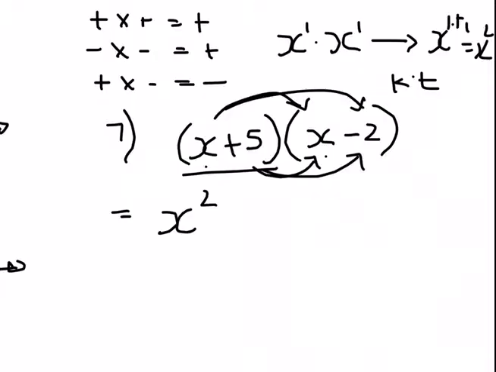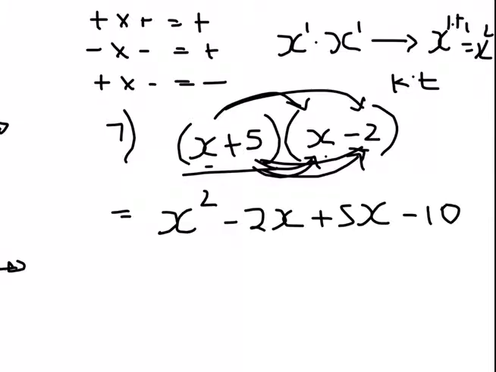So now you continue: x multiplies the -2, it will be -2x. Then you continue with the 5 multiplying the x, it becomes 5x, and then that 5 multiplies that -2, it will be -10. Do we have like terms? It looks like it, but this x squared doesn't have any other term which is the same as it, and this one is a constant.